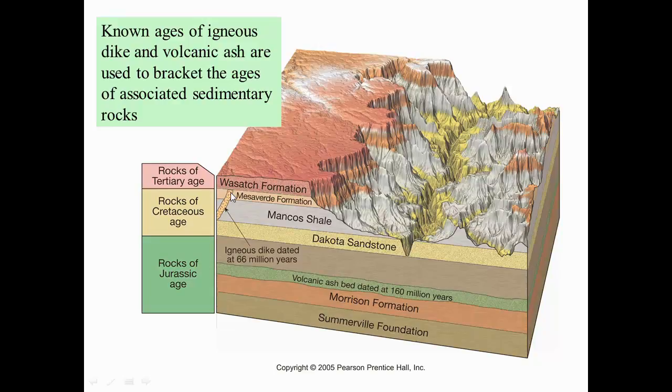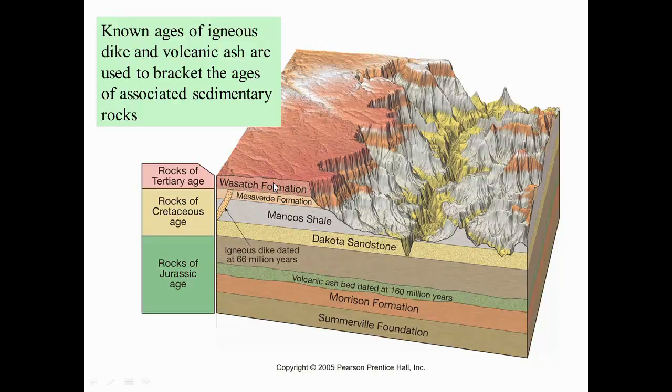On the other hand, the Dakota Sandstone is cut by this igneous dike dated at 66 million years, so the sandstone must be older than 66 million years. And so we've essentially bracketed the Dakota Sandstone so that we can say that this sandstone has an age somewhere between 160 million and 66 million years.